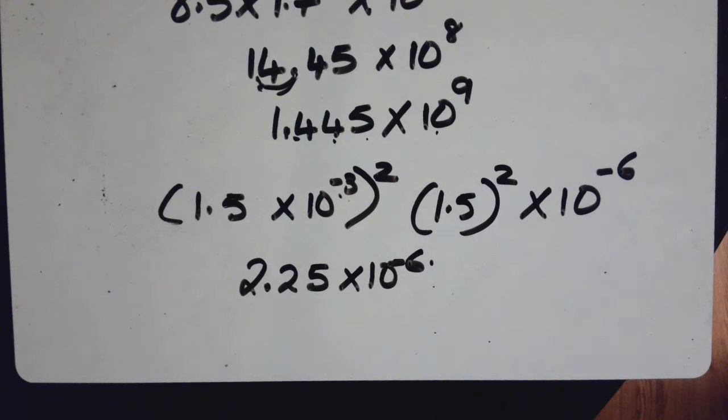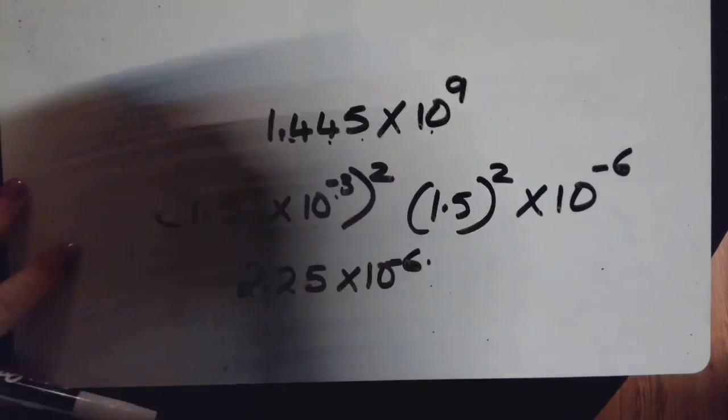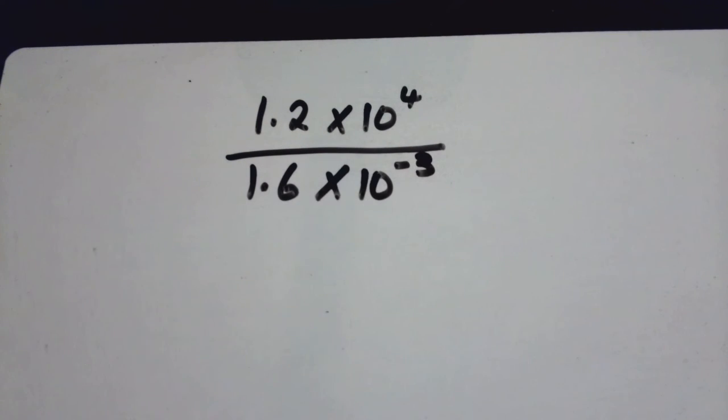The last one I'm going to teach you, you've seen multiplying. Now we're going to do division. And I'm going through this fairly quickly because you have seen exponents before. This is just going to be a very quick lesson and just a little bit of homework on this. Okay, so division. 1.2 times 10 to the 4th divided by 1.6 times 10 to the negative 3.